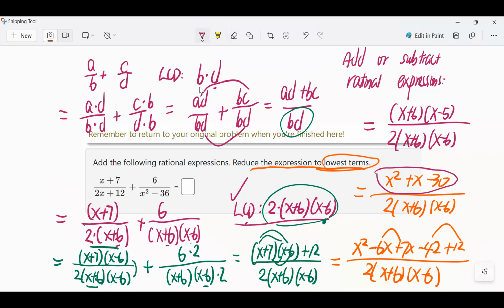See, x plus 6 is a common factor. Now actually we completely factor this, right? So it becomes x minus 5 over 2 times x minus 6. And that's actually what they mean by lowest terms. Any question about this?